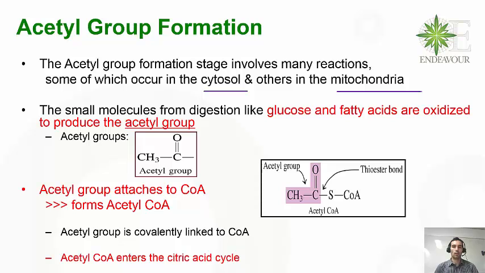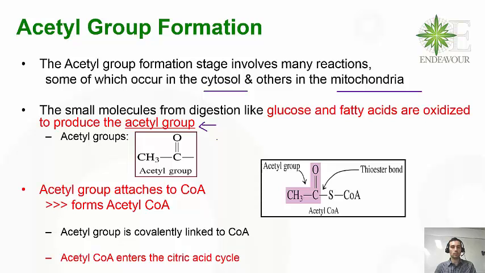For example, if we're doing breakdown of fatty acids, then this actually occurs in the mitochondria, and this will create our acetyl group. So we can see here that glucose and fatty acids are oxidized to produce the acetyl group.